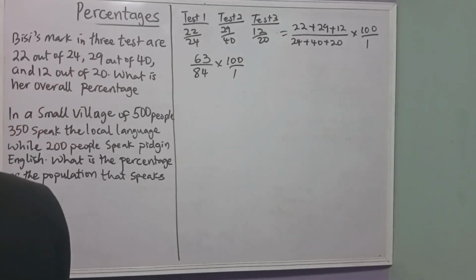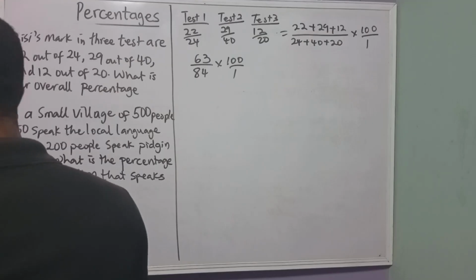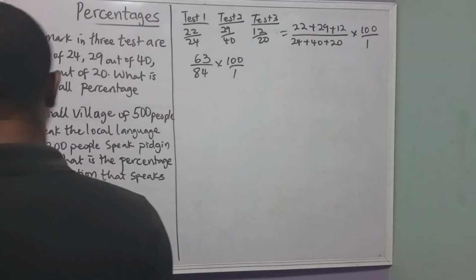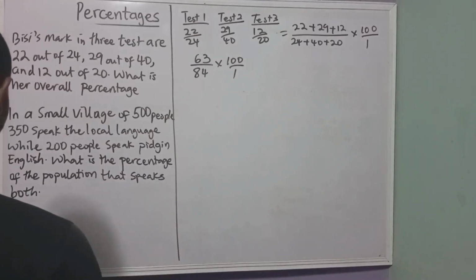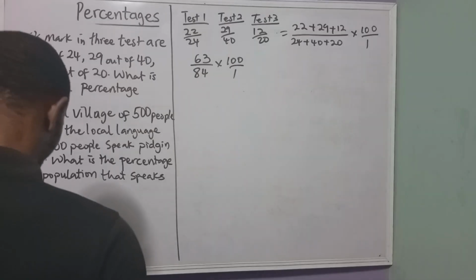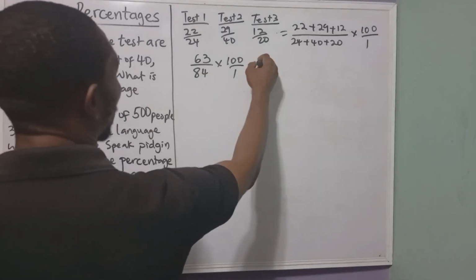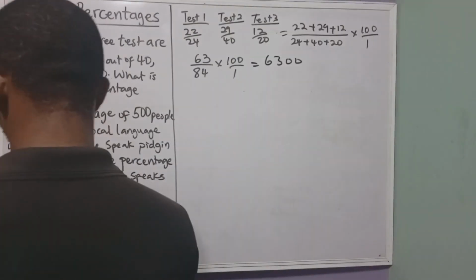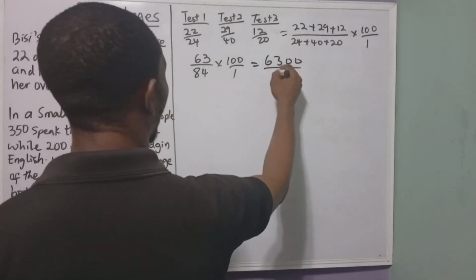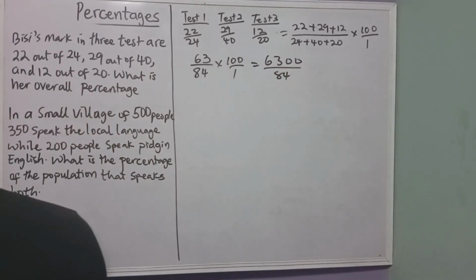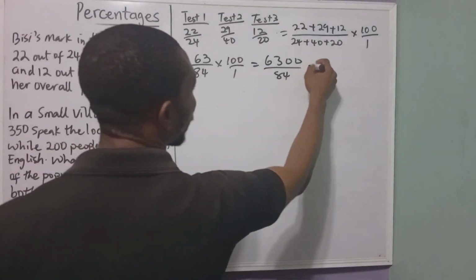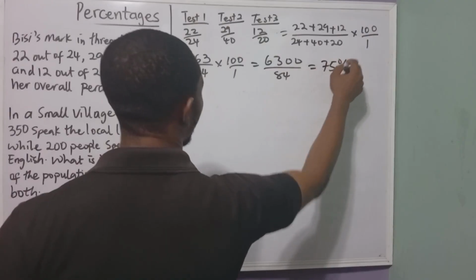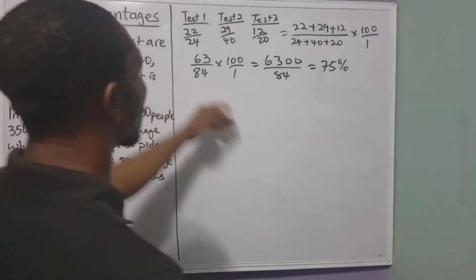Breaking it down, we have 63 times 100, which gives us 6300, divided by 84, which would give us 75%. So our average in the 3 tests would be 75%.